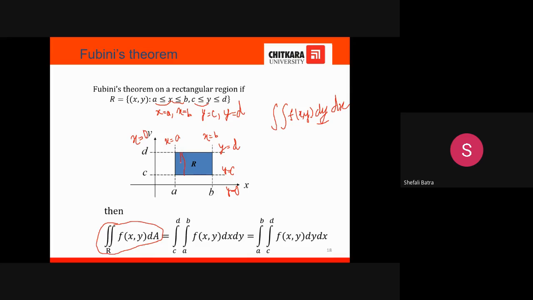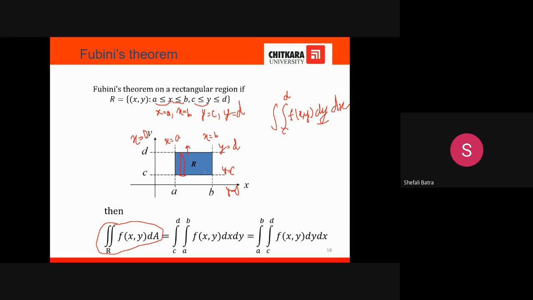And if it is a vertical strip, then you need to write the limits of y. What is the value of y over here? y is equal to c. This is your starting limit. And from here you are exiting, so this is your final or upper limit, that is d. So you'll be writing c and d here. Right?